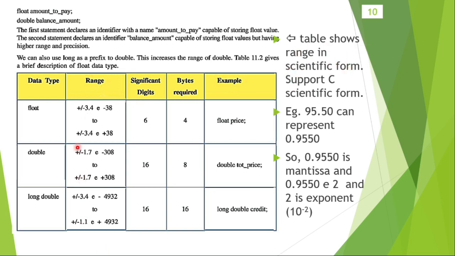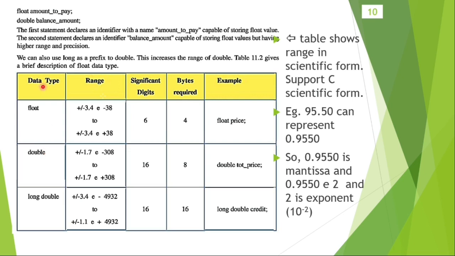This is the scientific form that is supported in C. For example, 95.50 can be represented as 0.9550 times 10 raised to 2. The 0.9550 is the mantissa and 2 is the exponent, like 10 raised to minus 2, which you have learned in 6th and 7th standard.